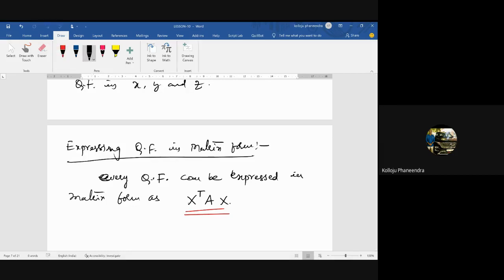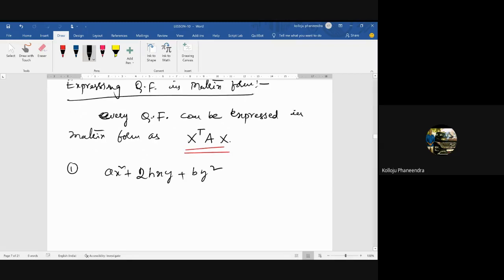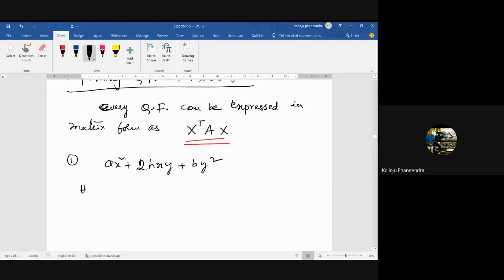For example, the first one, ax square plus 2hxy plus by square. How many variables are here? Two variables. Here, matrix x is a column vector (x, y). Therefore x transpose becomes the row (x, y).